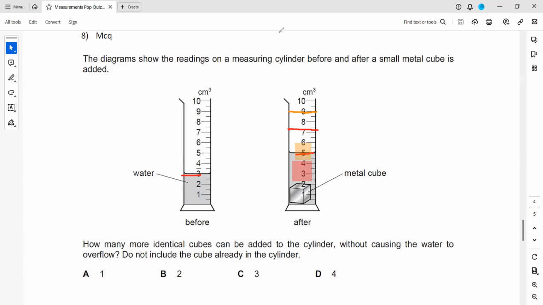But when we add the third cube, the water will flow out from this measuring cylinder. So if we add 2 cubes, the water will not overflow, but the moment we add the third cube, the water will overflow. So 2 more cubes can be added until the water overflows.